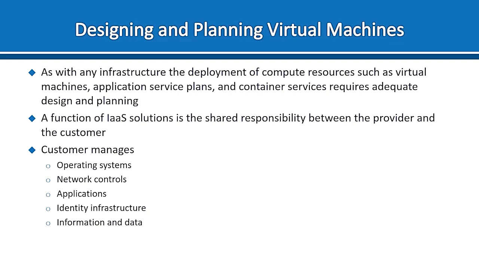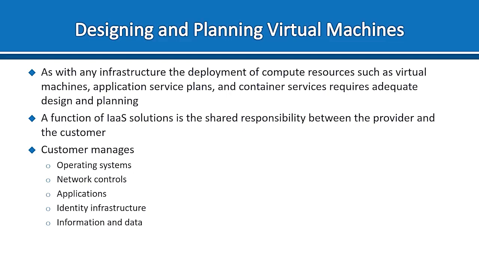So you're creating VNets and subnets and routing and the utilization of firewalls and network security groups, things of that nature. The applications that are available are always going to be a responsibility of the customer in an IaaS solution. Identity infrastructure: how do we create and manage user accounts and authenticate and authorize people? And then the information and data itself.